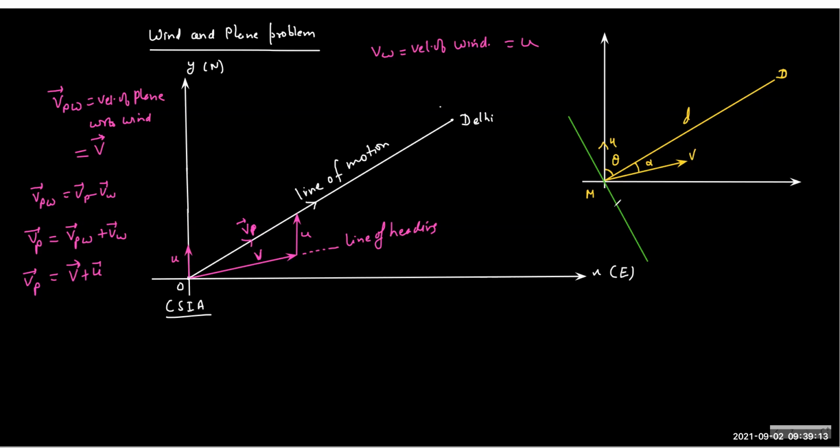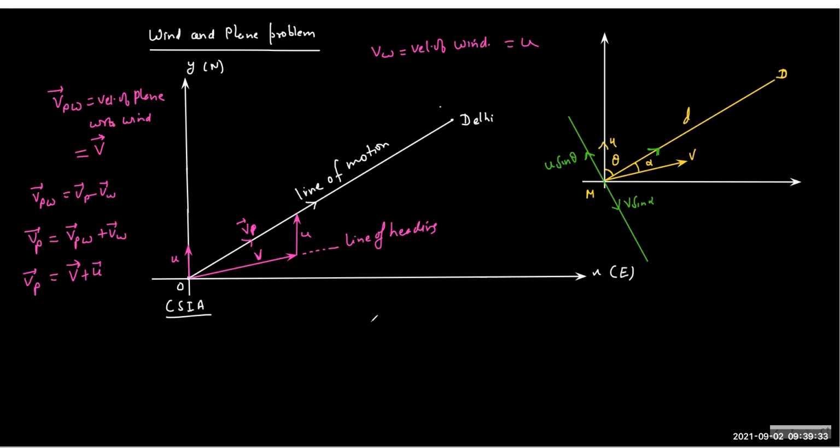If you resolve V, this will be V sine alpha. And if you resolve U, you will get U sine theta. If these two components cancel each other, then you will only move this way. That is a simple concept which we apply everywhere.